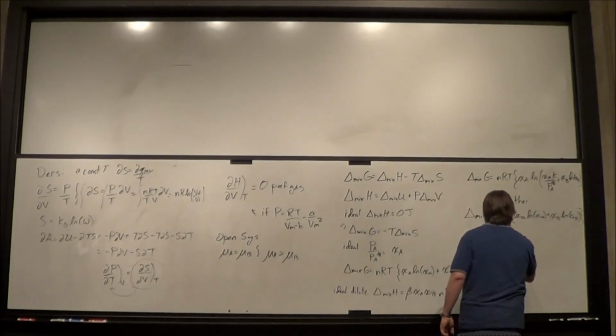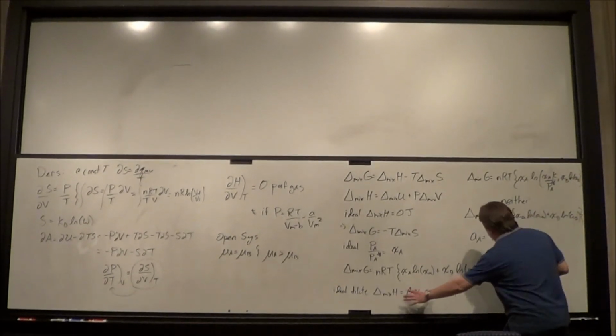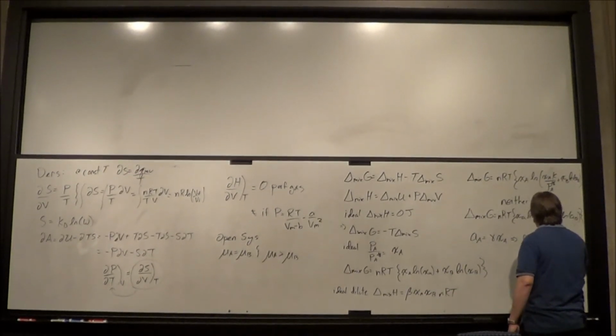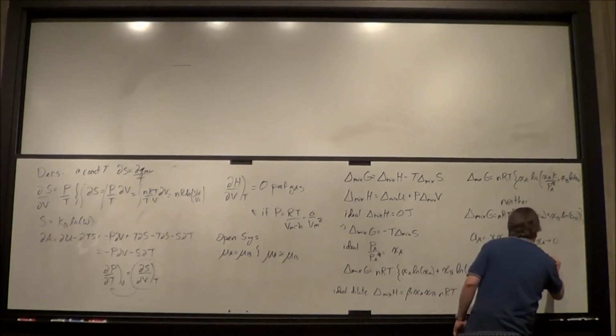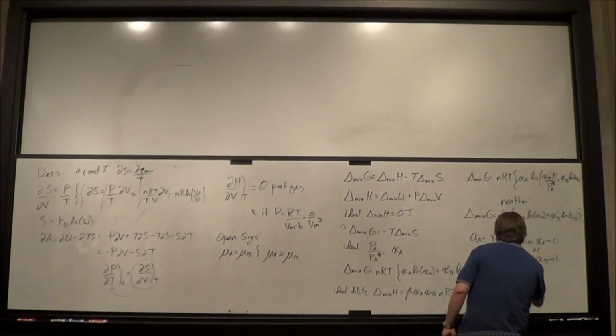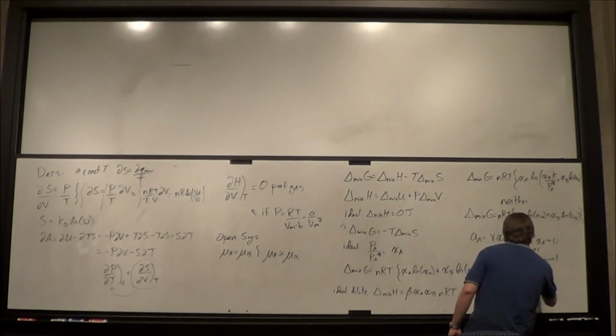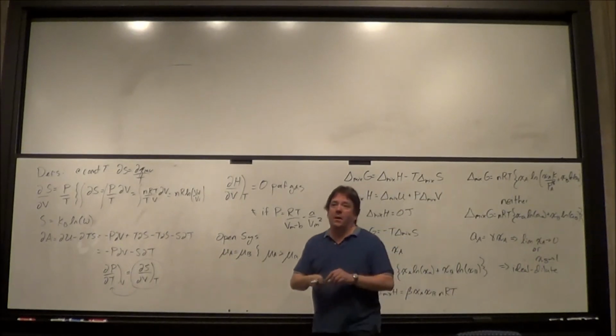And we also saw that in the limit, using this guy here, in the limit of chi A going to 0, or chi B, solvent going to 1, you return ideal dilute. You return ideal dilute solution.